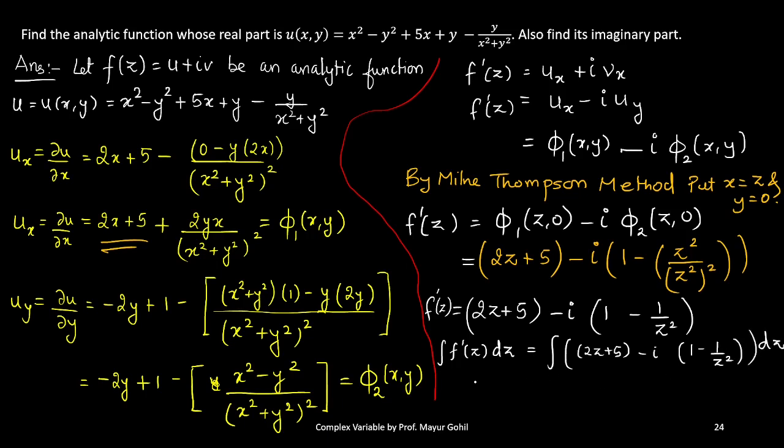Now let us integrate this. What do we get? The first term is z square, 2z integration is z square upon 2, 2 and 2 get cancelled, and then 5 is going to be 5z. And then minus I times, on simplification we will get here 1 integration is z, and 1 upon z square, that is basically z to the power minus 2.